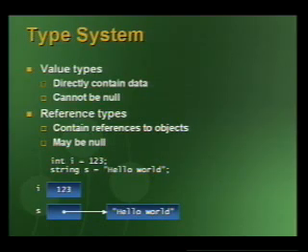There are two simple examples here of a value type and a reference type. You see a declaration of an int, which we set equal to 123, and graphically what we end up with is a box that contains the bits representing 123. String, on the other hand, is a reference type, so when I declare a string, what I'm actually declaring is a reference to an object that contains the string.